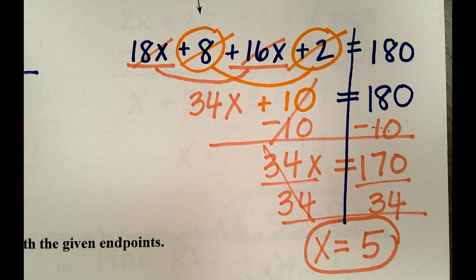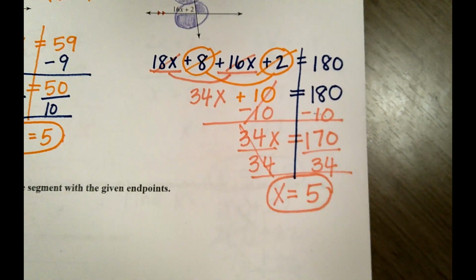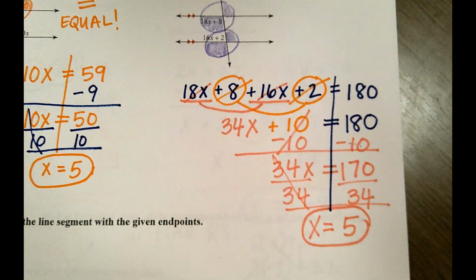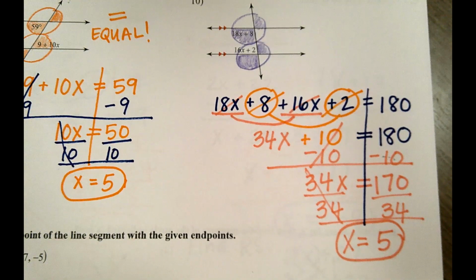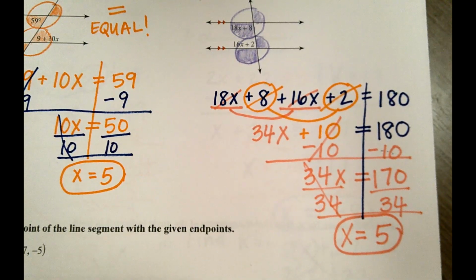I like it. Okay, guys, so that's number 9 and number 10 with the parallel lines and angles. I'll leave this up for a second, but we are going to move on after this to something called midpoint. Was that in the video on Thursday?